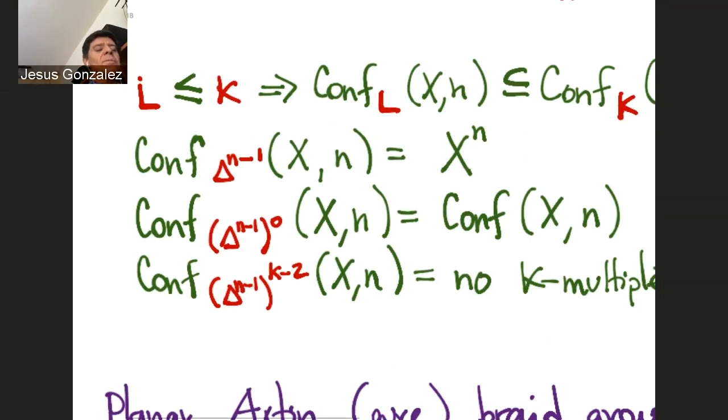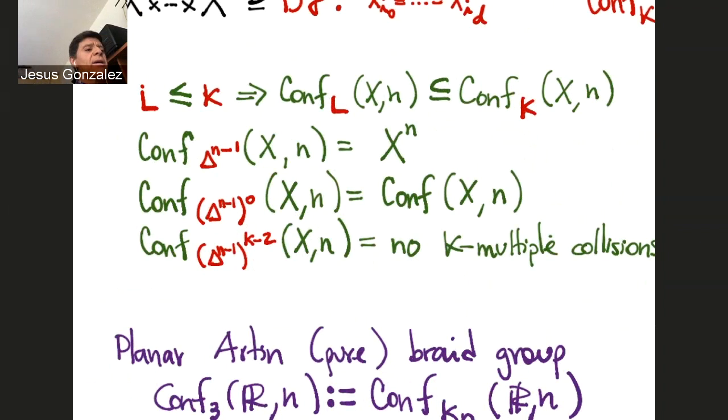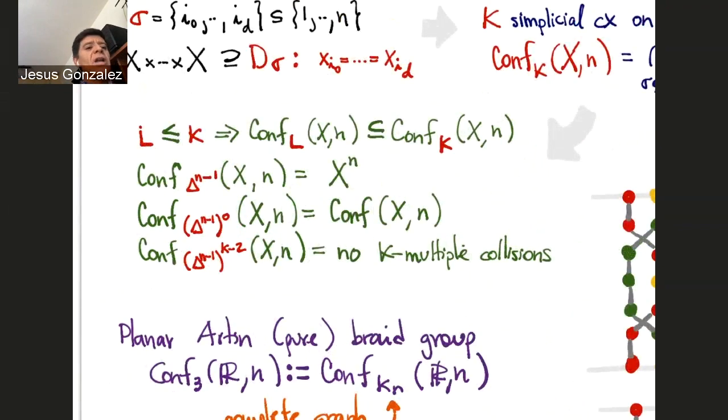And in particular, I would be interested in the configuration spaces that are obtained by considering the k-2 skeleton of the complete simplex. And these, of course, are configuration spaces where no k-multiple collisions are allowed.